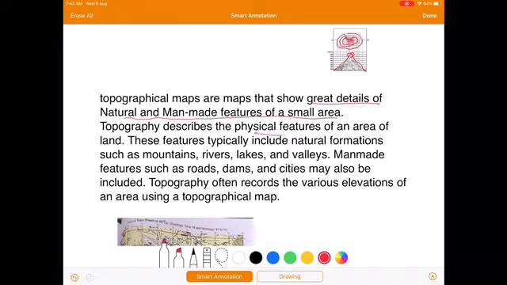The physical features of that area, that include the mountains, rivers, lakes, valleys, etc., as well as the man-made features such as roads, dams, cities may also be included. So, topography often records the various elevation of an area using a topographical map.